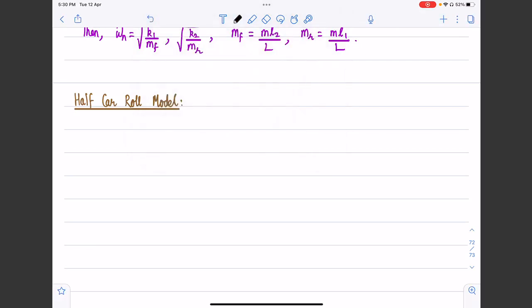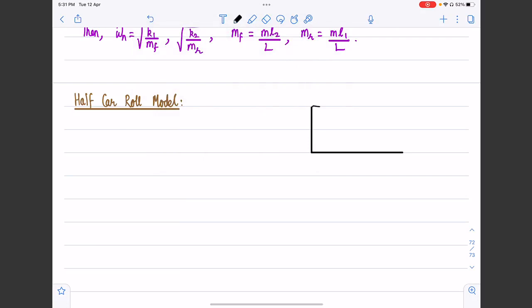Now let us say we look at the vehicle from the front or the rear. That's where we are going to consider the roll motion. Let's say we look at the vehicle and we look at the sprung mass.